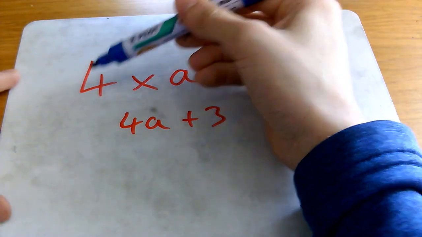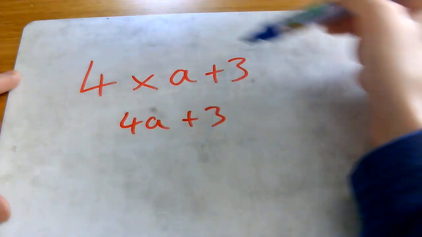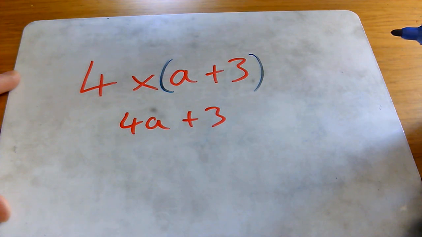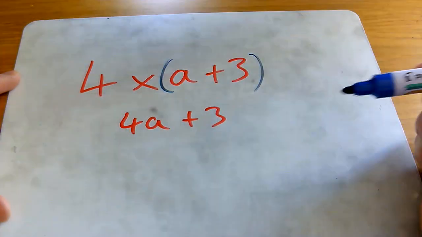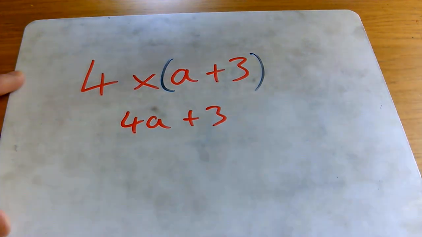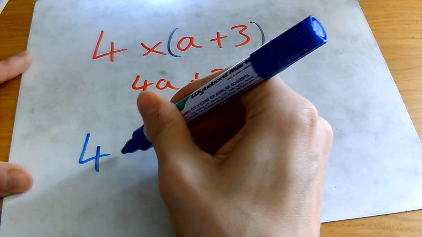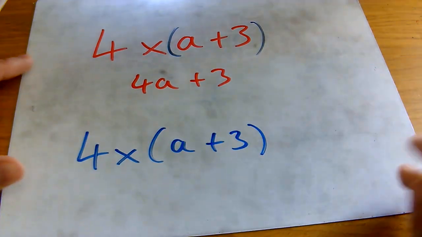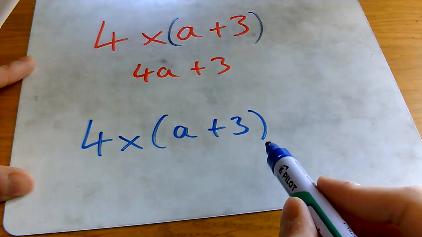We're not doing 4 just multiplied by A, we're doing 4 multiplied by this whole thing here, A plus 3. So you need to do 4 lots of this entire group, both the A and the 3. So if we're doing that properly, here's what that would look like. 4 multiplied bracket A plus 3, and when we're going to multiply this, we're going to multiply both of the things by the 4.